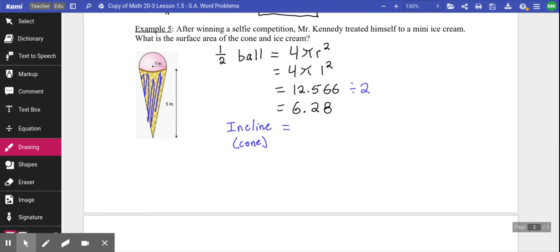So you're looking for the pi rs, where s is the slant height of that cone. You do not want to do the other part of that formula. The other part's the circle.